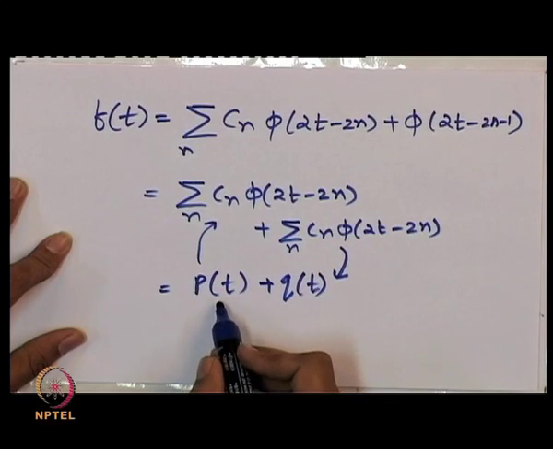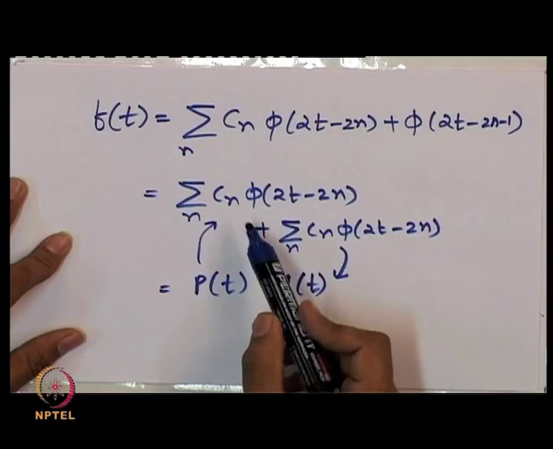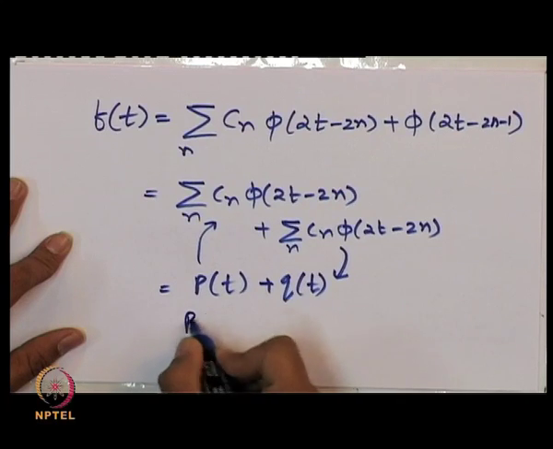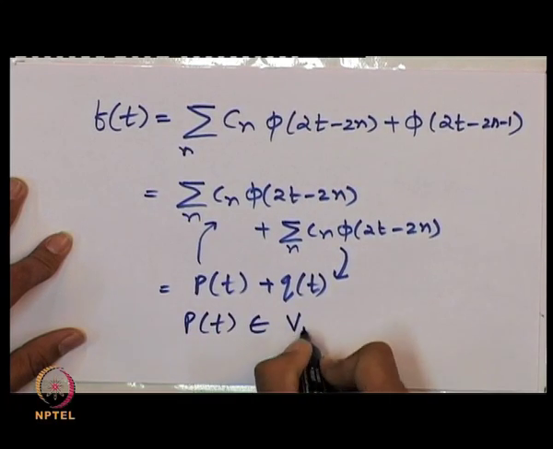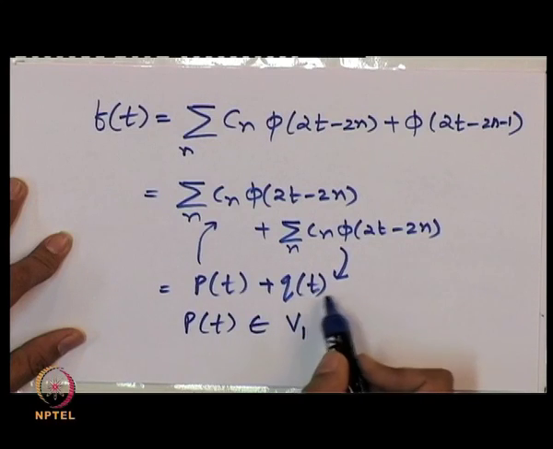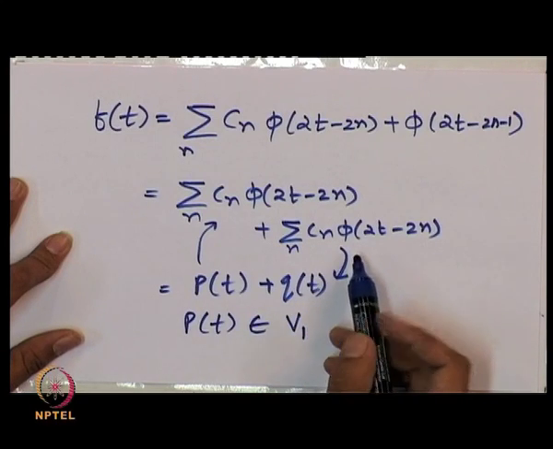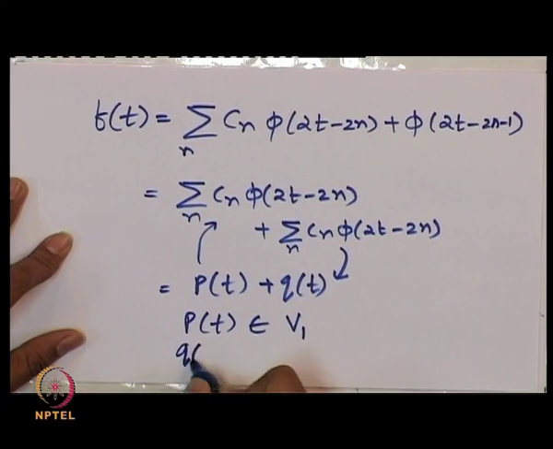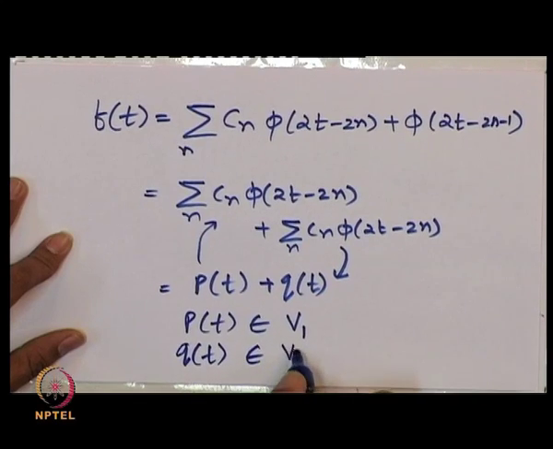Now since p t is represented as a linear combination of basis functions of V1, we can say that p t belongs to V1. Also q t is represented as a linear combination of basis functions of V1, hence q t also belongs to V1.